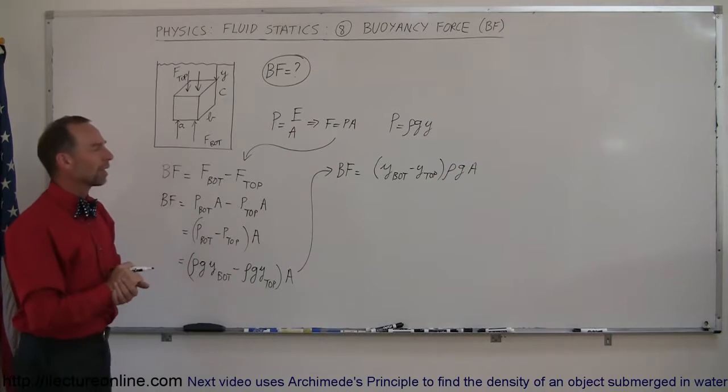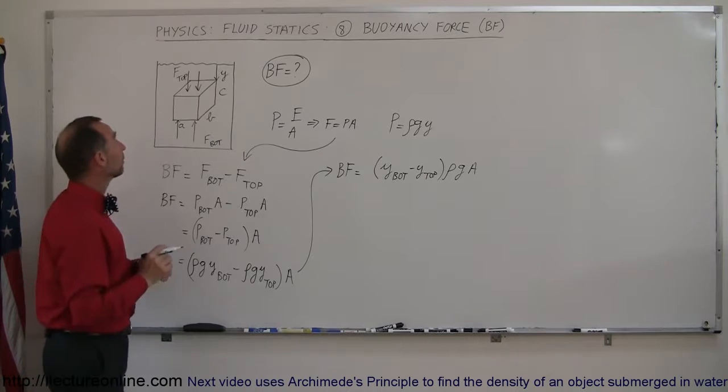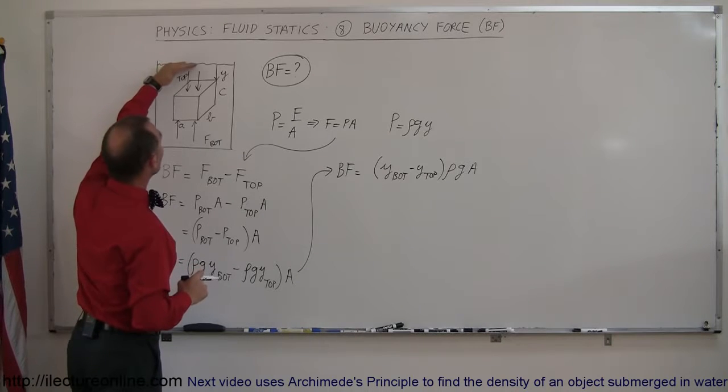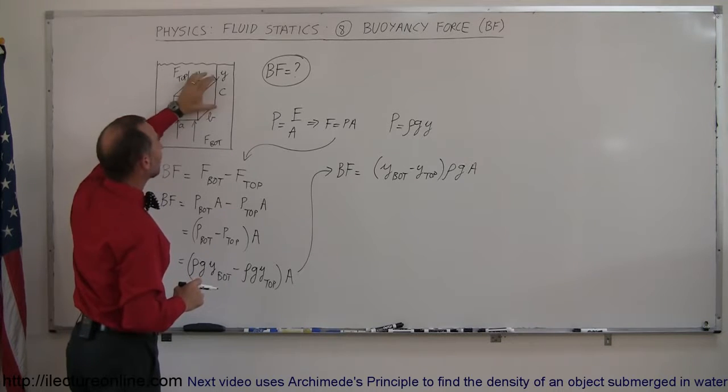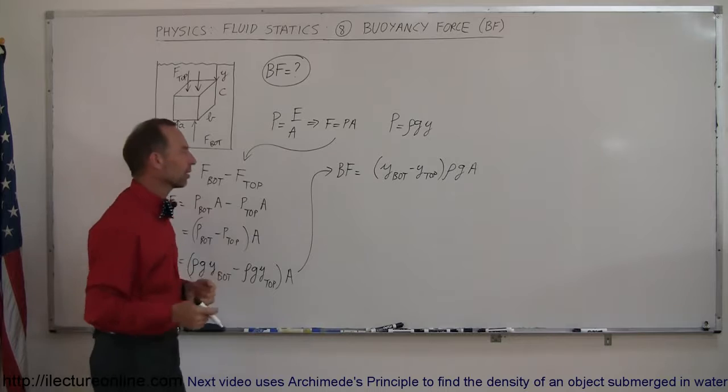So what is the y at the bottom and the y at the top? The y at the bottom would be the distance from the top of the liquid to the top of the cube, plus c, the height of the cube. I just call the height of the cube c.